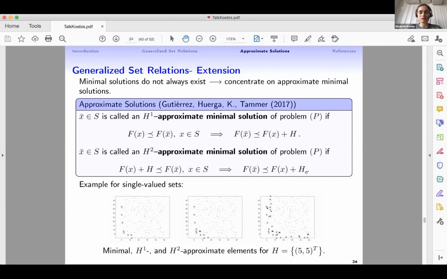So for certain assumptions concerning the ordering cone D and H, we get that the set of minimal solutions is included in the set of H1 minimal solutions, and this set is then again included in the set of H2 minimal solutions. So for single valued sets, we get, for example, this example here. These are the minimal solutions. And here we have the H1 minimal solutions, and here are the H2 minimal solutions.